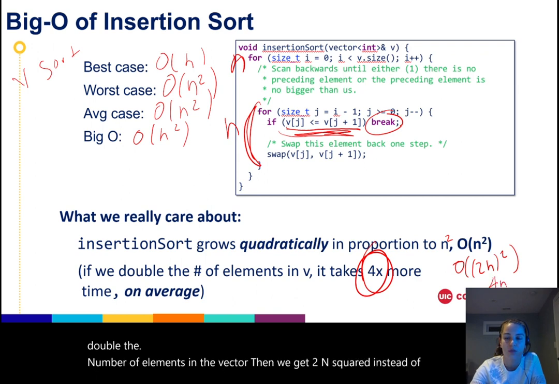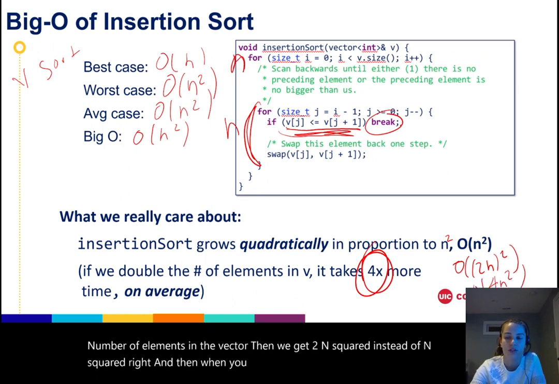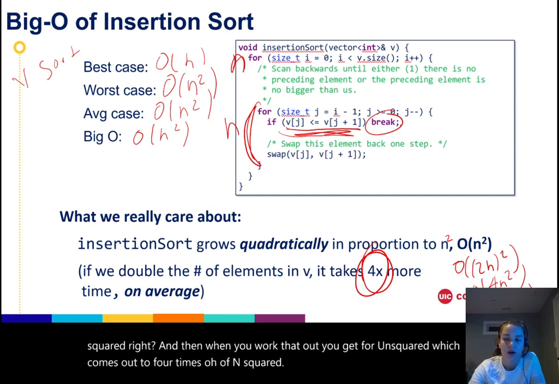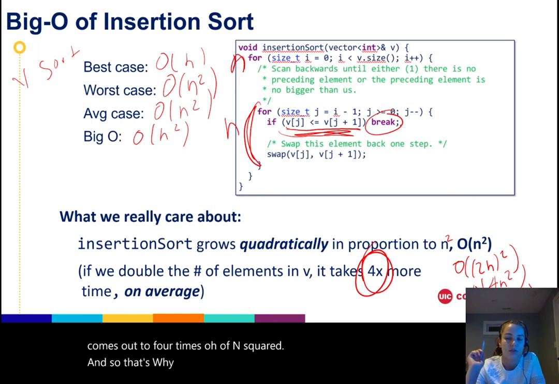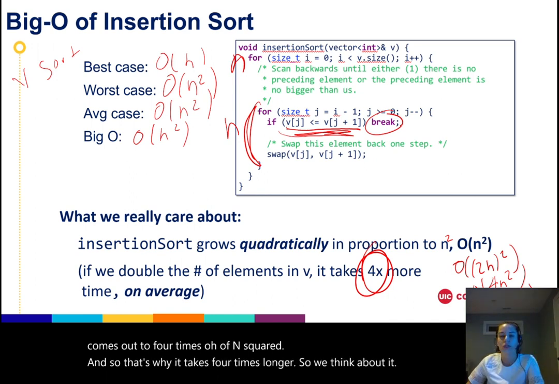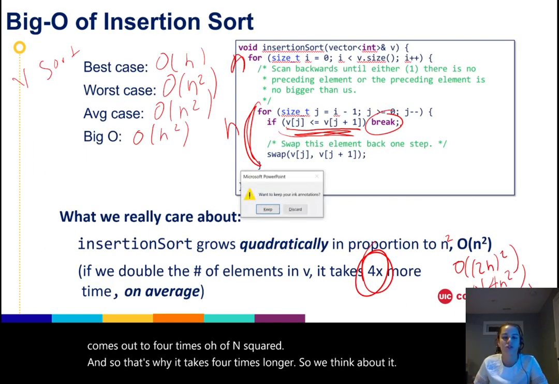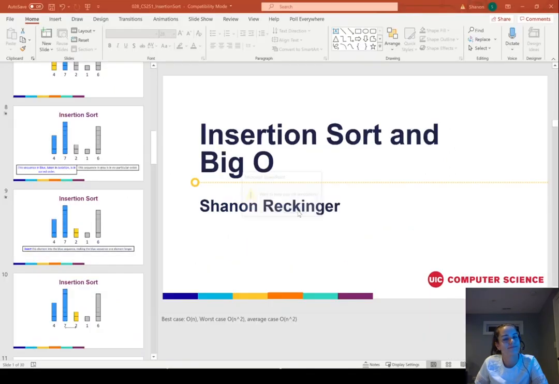And then when you work that out, you get 4n squared, which comes out to 4 times O of n squared. And so that's why it takes 4 times longer. And yeah, that's it for insertion sort. Insertion sort is an n squared algorithm.